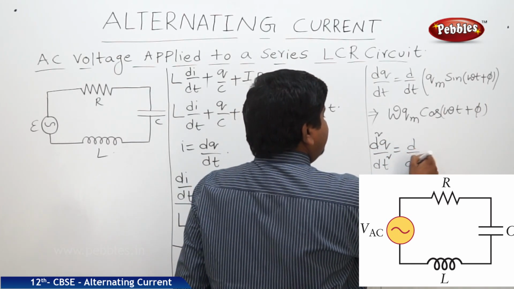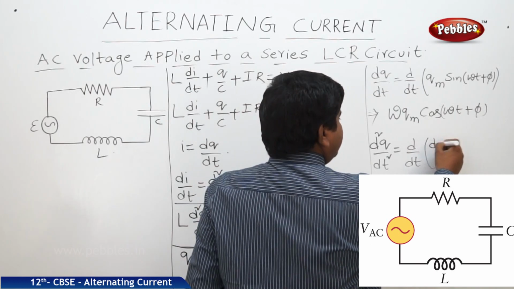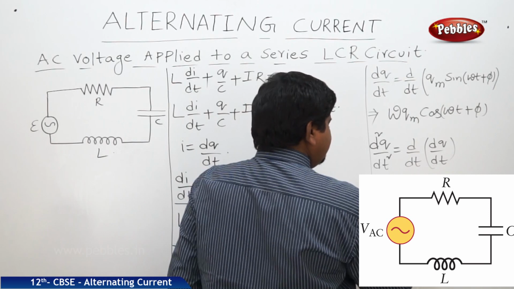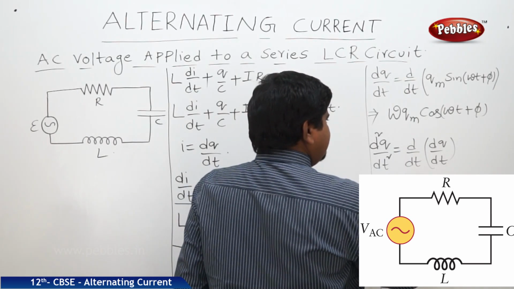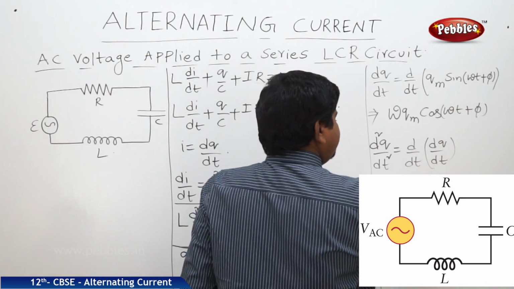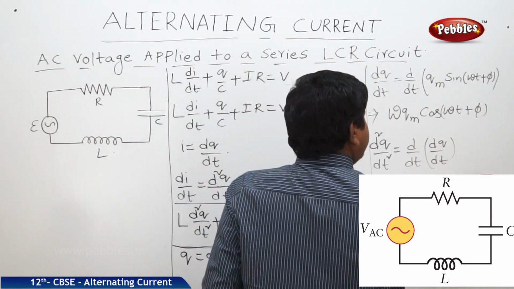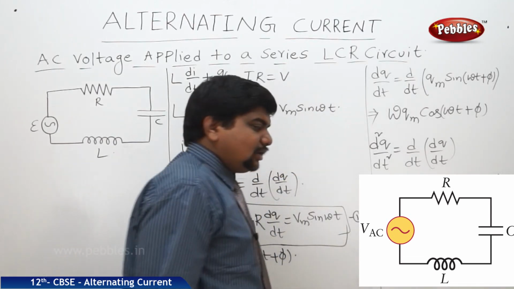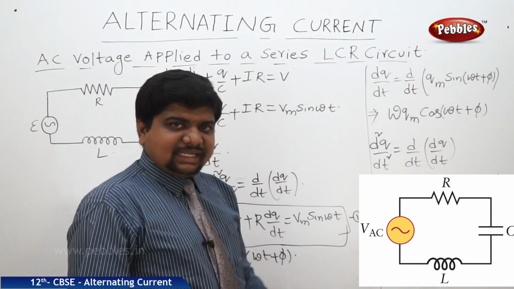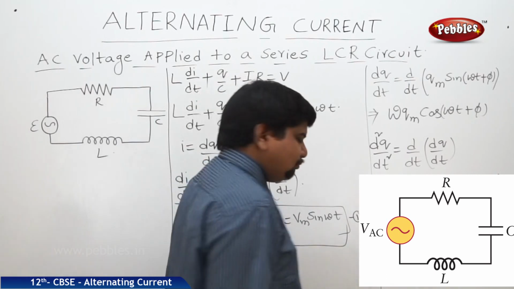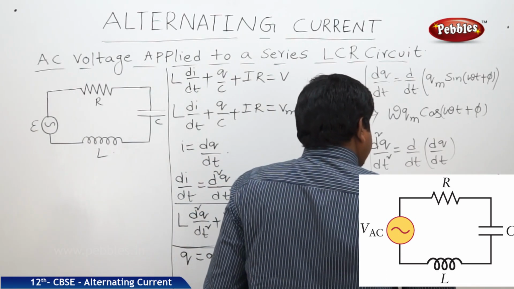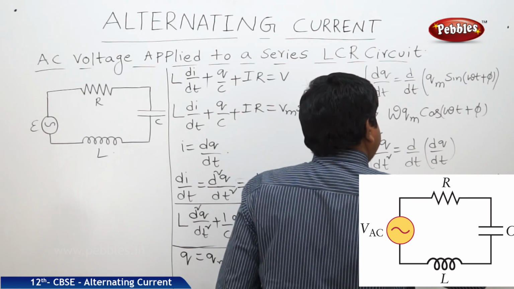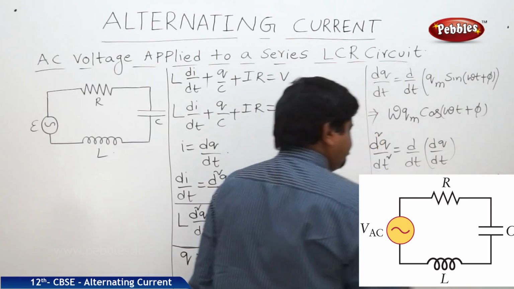It means d by dt of dq by dt, which is d by dt of omega qm cos omega t plus phi. The answer is minus omega square qm sin omega t plus phi.